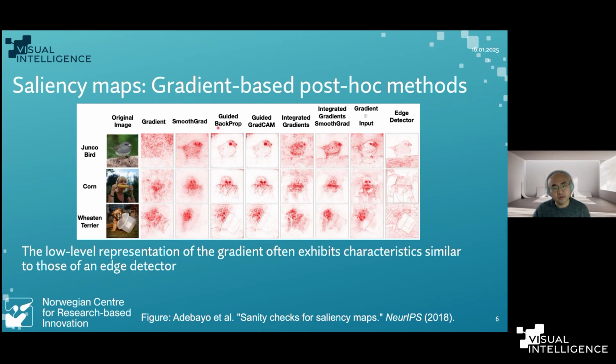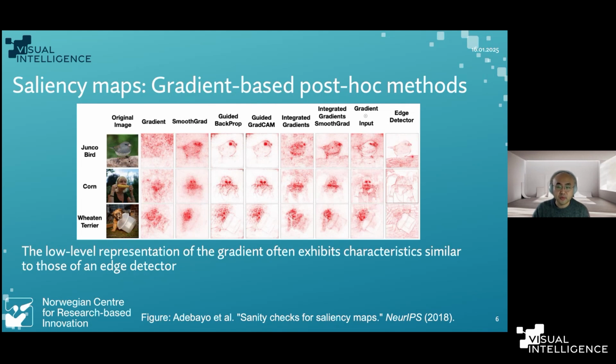The newer methods can sharpen it a little bit. Up to this point, they are all related to neural networks. But this edge detector does not use any neural network, it just extracts edges directly from the input.